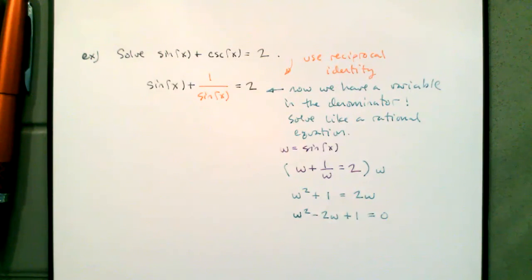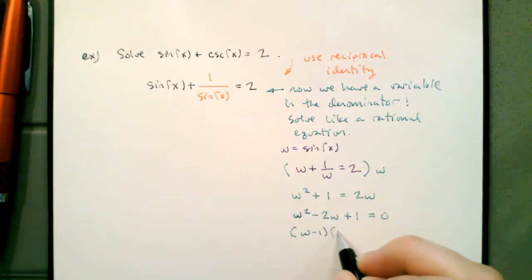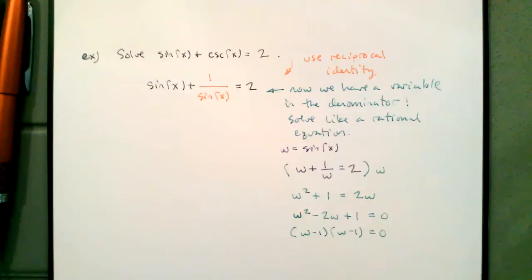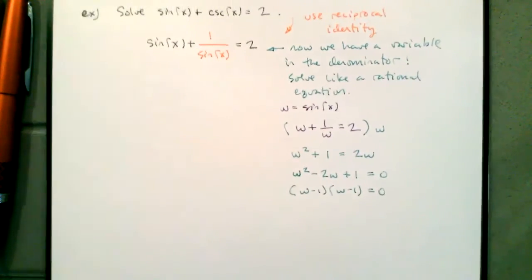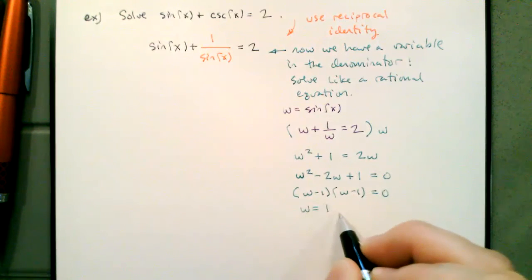So with w squared minus 2w plus 1 equals 0, we can factor that. And so w is equal to 1 and it has multiplicity 2. So w equals 1 twice.